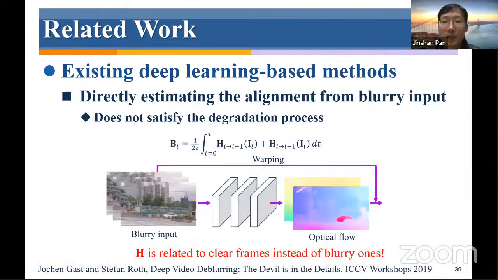In addition, we further note that most existing deep learning-based methods estimate the alignment information from the blurry input. However, based on the blur process of the video, the alignment information is related to the clear frames instead of the blurry ones. And thus, these methods do not follow the degradation process well.